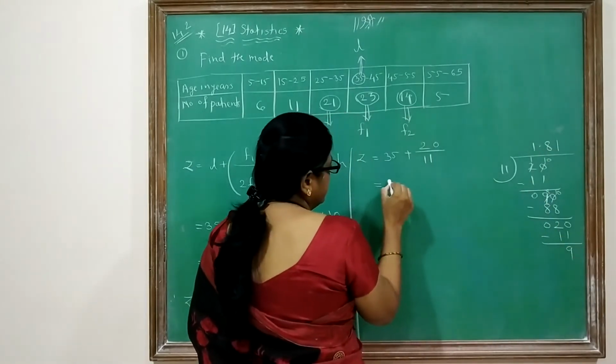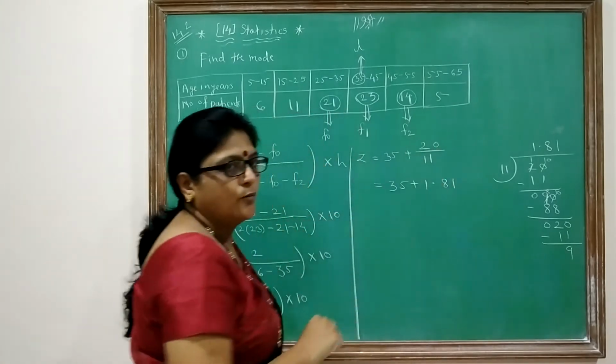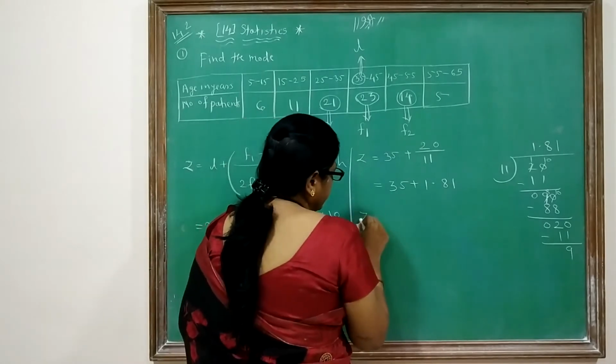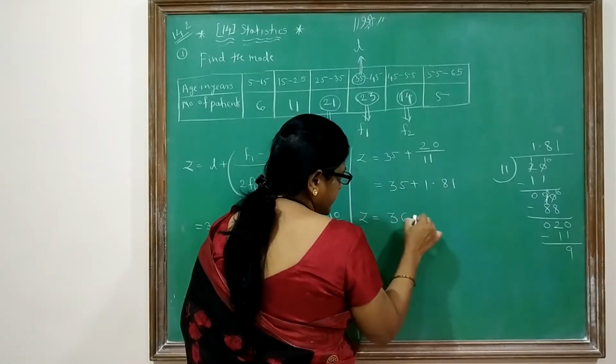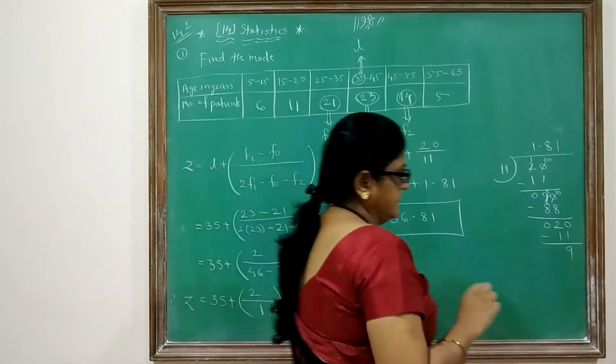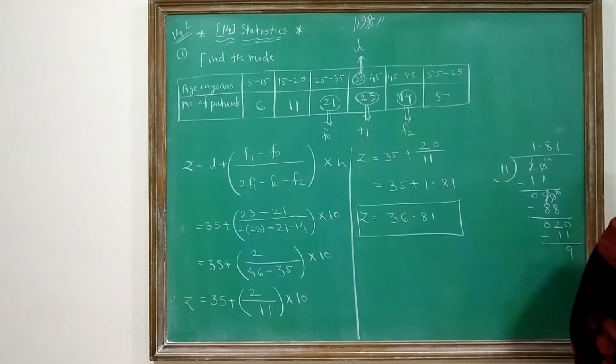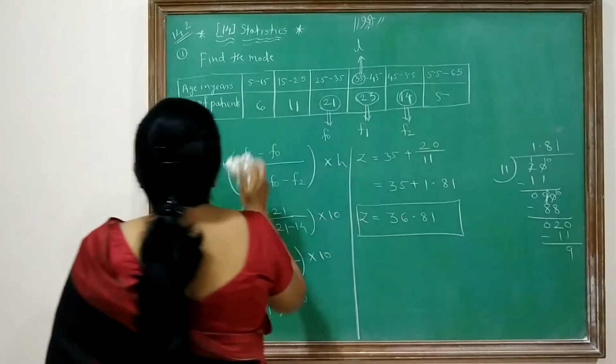So you will write 35 plus 1.81, and adding them, you get Z equal to 36.81. This is your answer. Then see the next example.